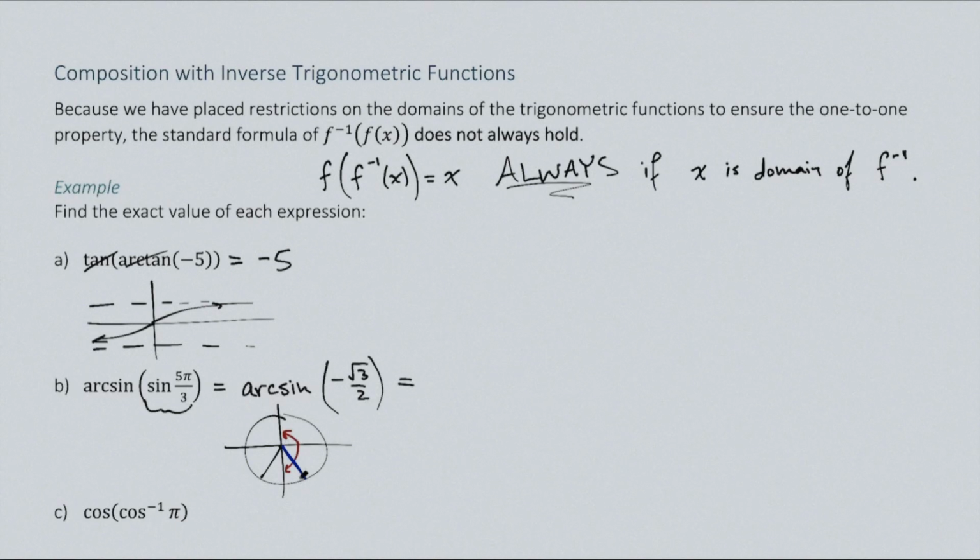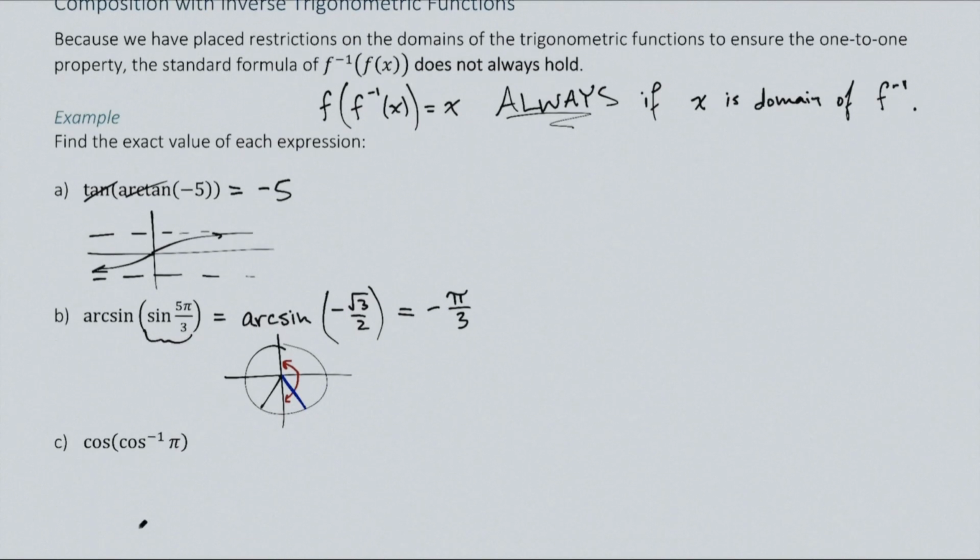That angle, coterminal with 5 pi over 3, which is between -pi over 2 and pi over 2, is -pi over 3. So you can see that the inverse outside with the function inside don't just cancel out. We have to do a little bit of work.